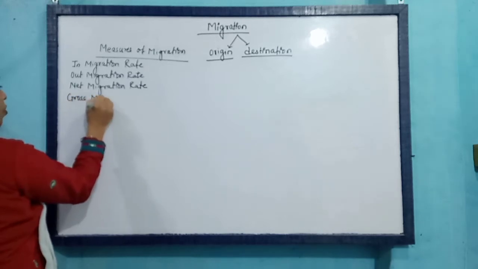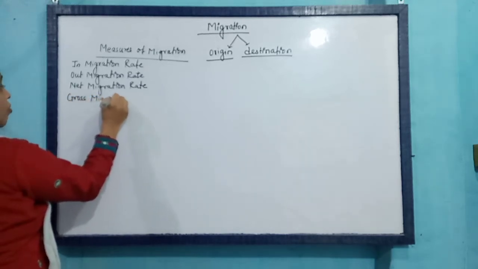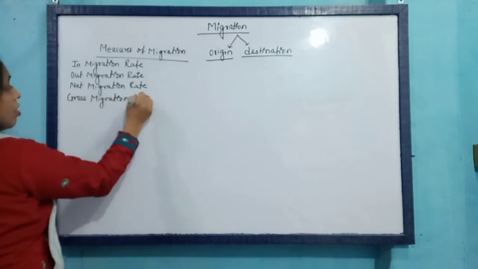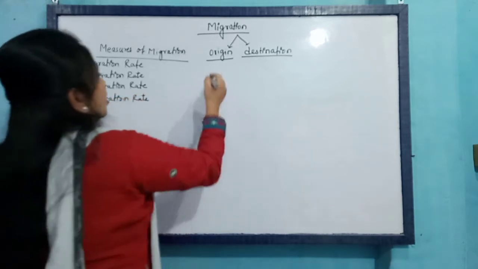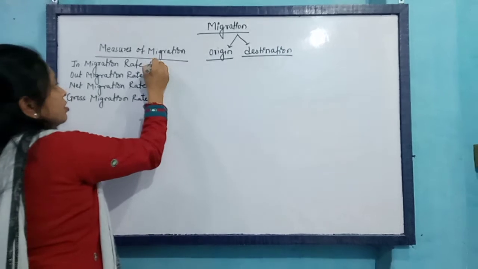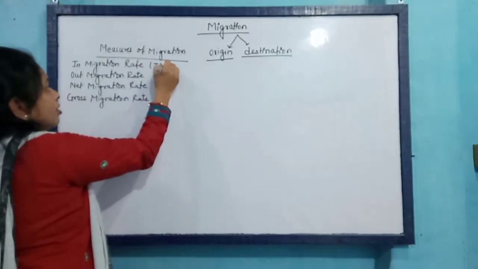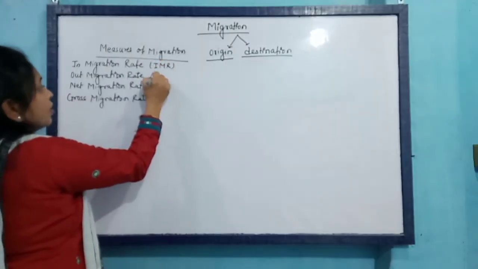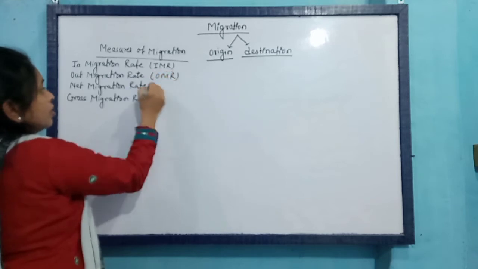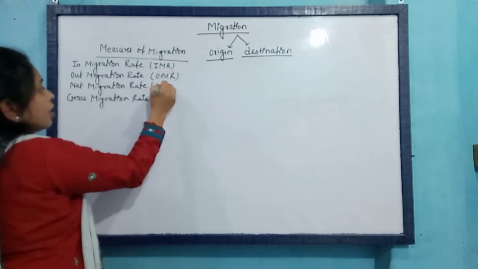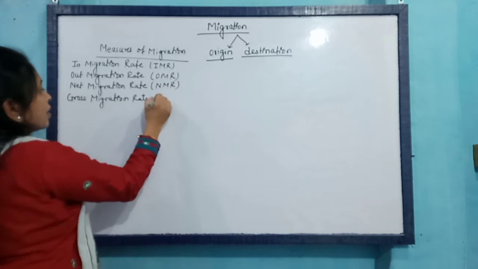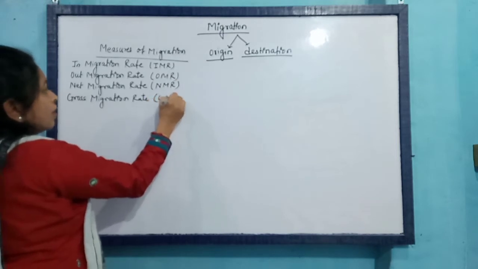These are the four measures, denoted by IMR, OMR, NMR, and the gross migration rate is denoted by GMR.